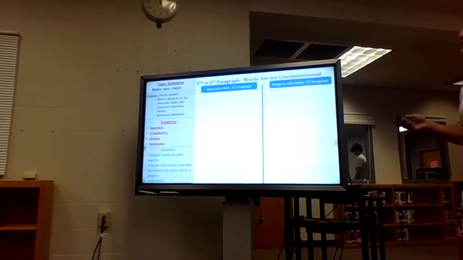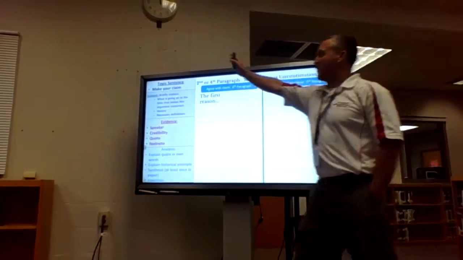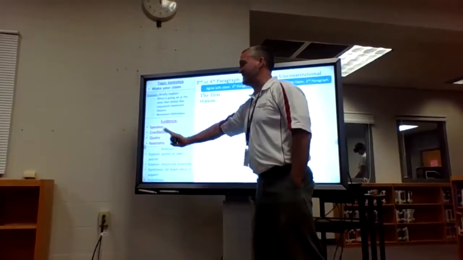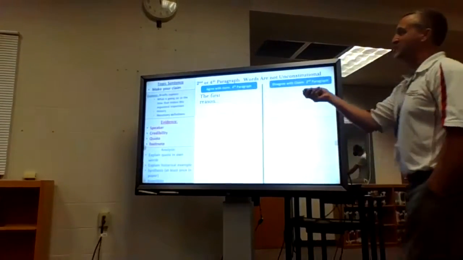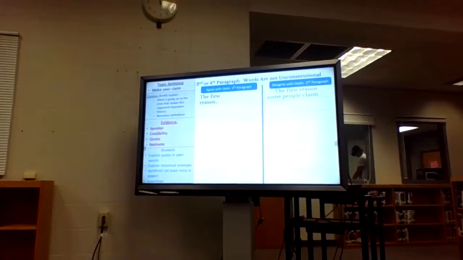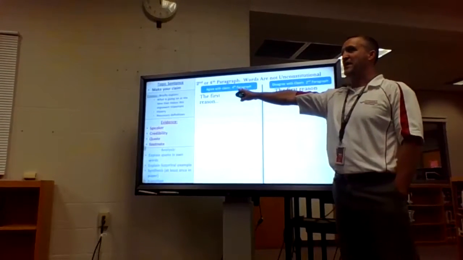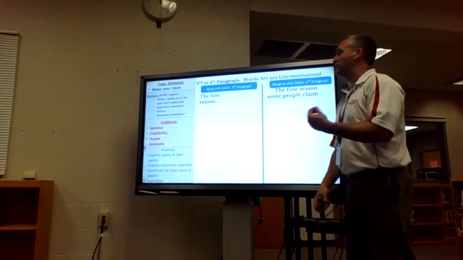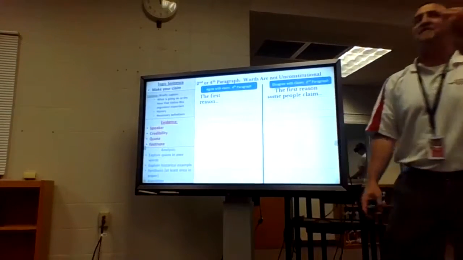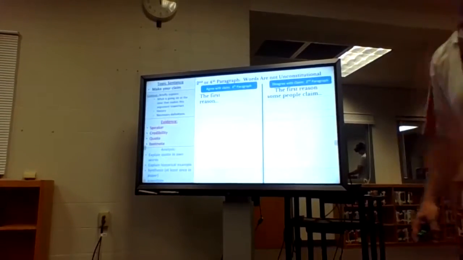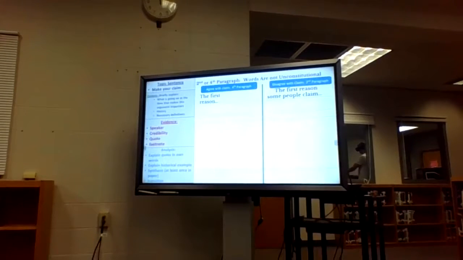Okay? So we're writing it this way: topic sentence, context, evidence, analysis. So the first thing we need to do is make our claim, which, if you agree, is your fourth paragraph. You're going to say the first reason the words should be left alone is because they are not unconstitutional.